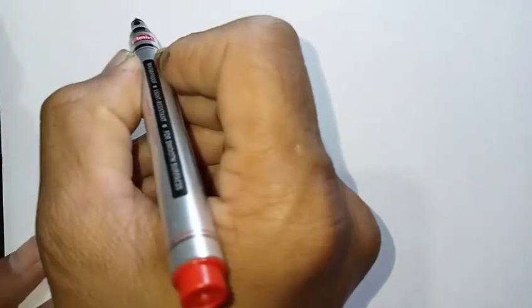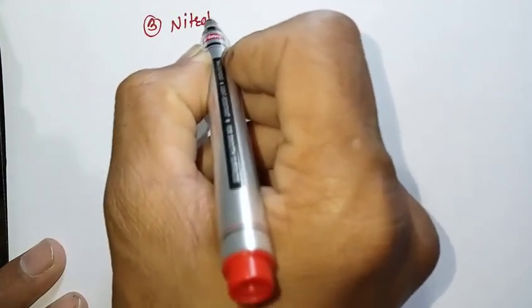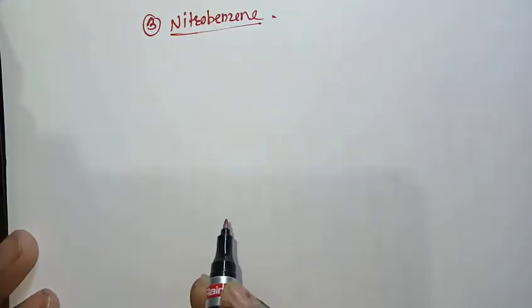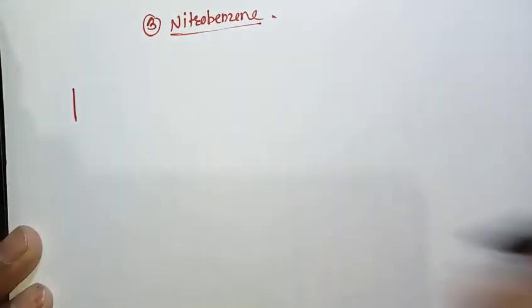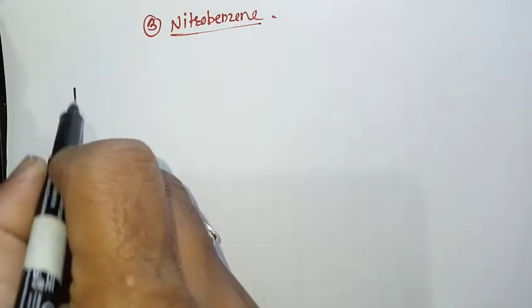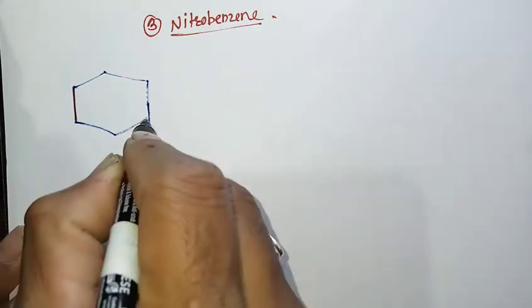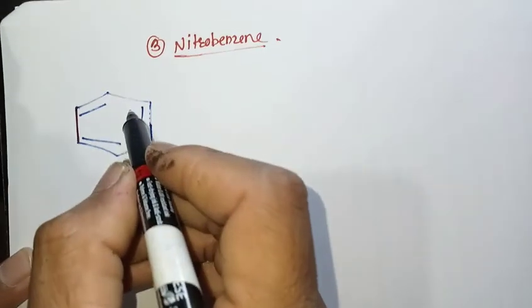for nitrobenzene. So what is the structure of nitrobenzene? A benzene ring attached to a nitro group.